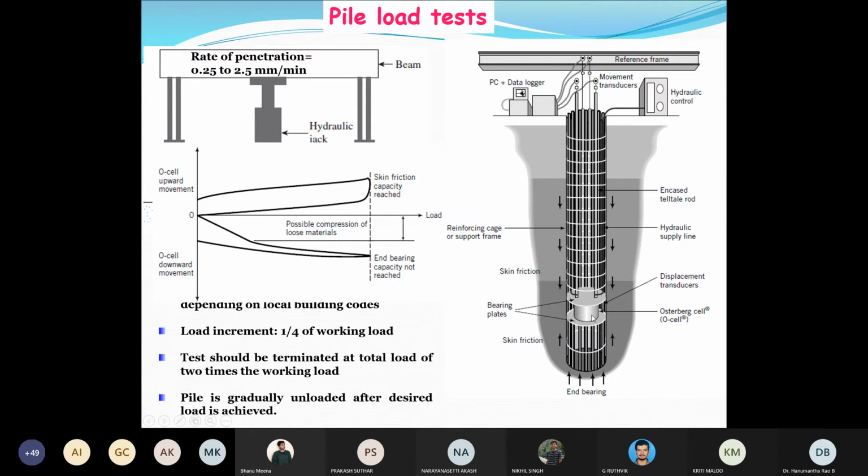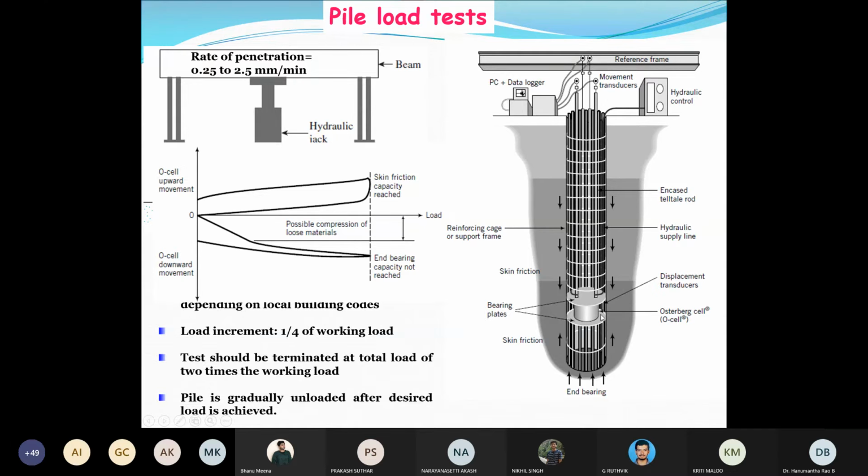Now another benefit of inserting the O cell is that when it rebounds, that rebound can be taken as somewhat like a skin friction value. So the O cell downward movement is interpreted as the end bearing capacity, while the rebound is interpreted as the skin friction.